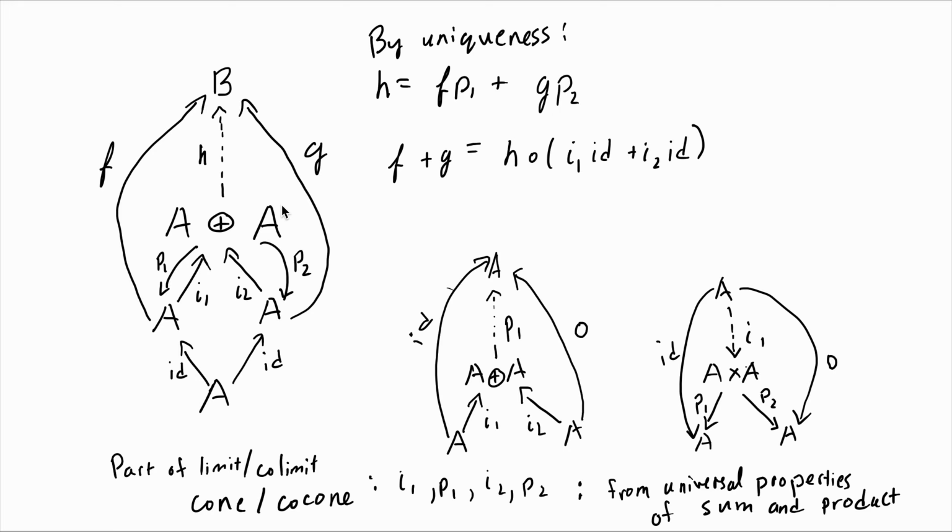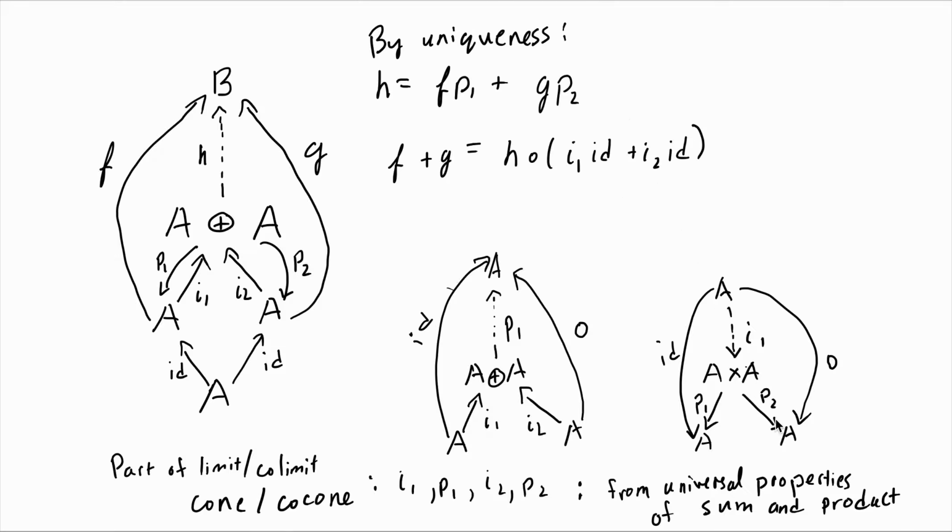So how does it make it commute? Can we see that? Well, if we just take this and precompose I1 to it, what happens? I1 comes in and goes to P2, and P2 sends it to 0.